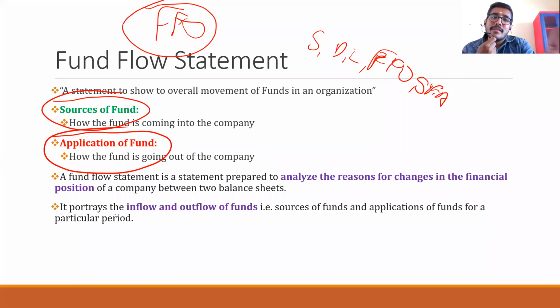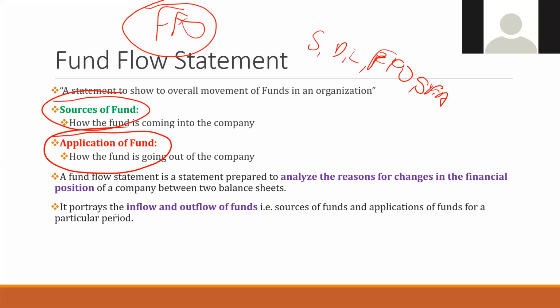While preparing fund from operation, we are doing n number of adjustments. We will be preparing a separate account called the adjusted profit and loss account. There we will be adjusting depreciation or some other expenses.